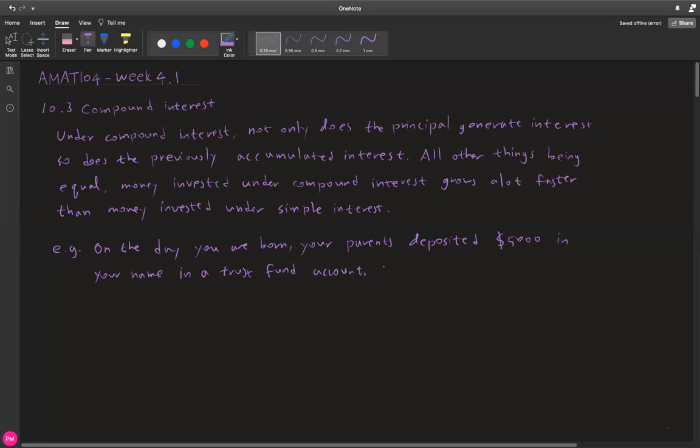And the account pays 6% APR in interest, and the interest is compounded, let's say once a year.